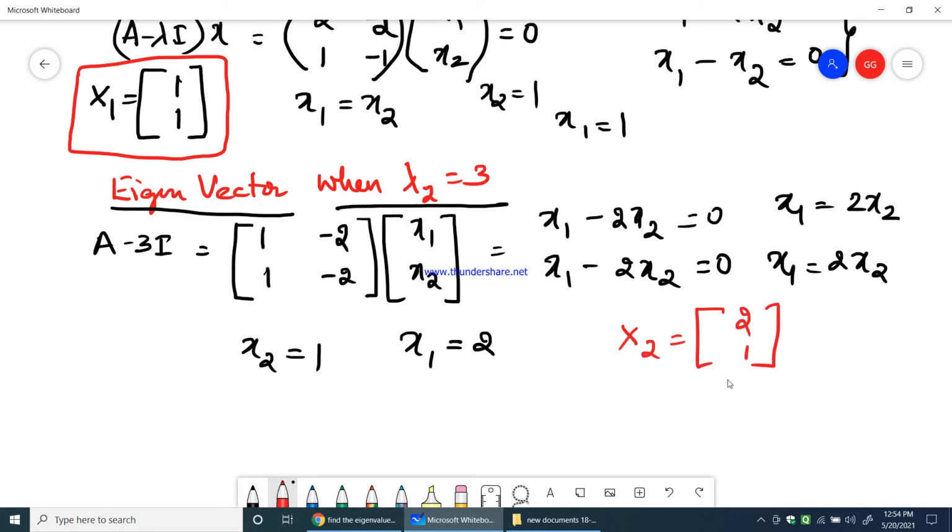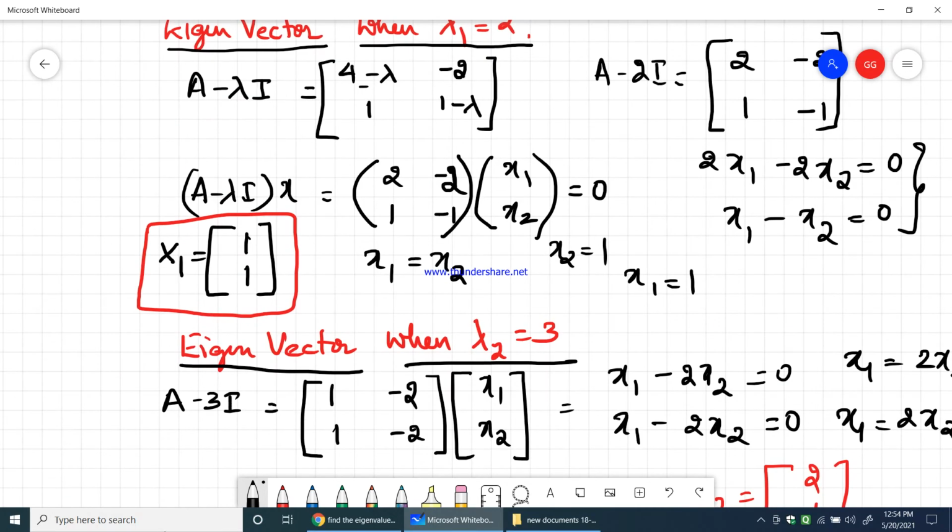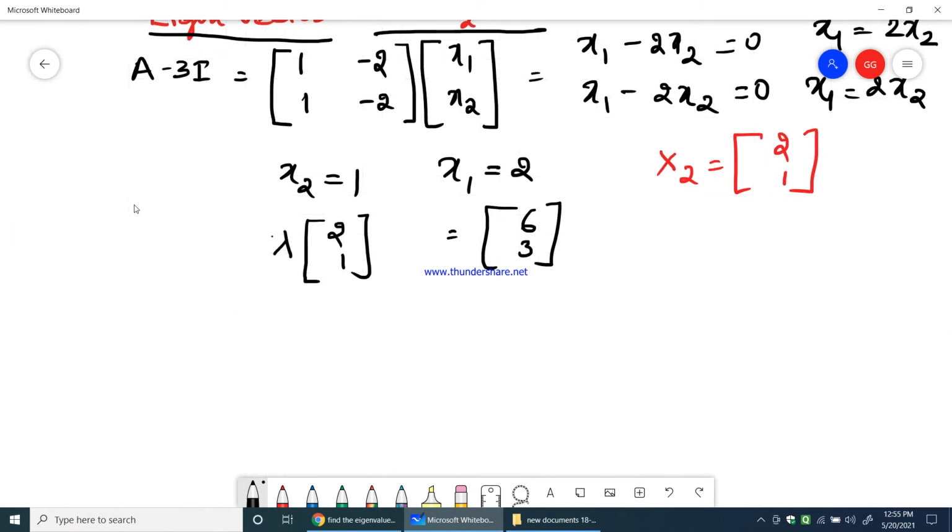Now you take lambda and multiply it with 2 and 1. This lambda is 3, so 3 times 2 is 6, and 3. Now you take the given matrix in the question, 4 minus 2, 1 and 1, and multiply it with the eigenvector 2 and 1.